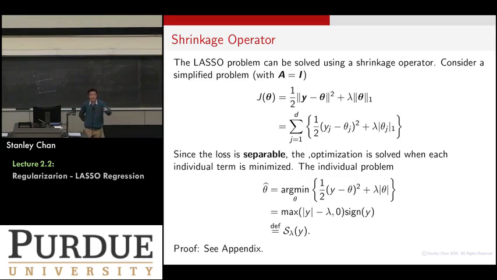Now you can say, can I take the derivative and set it to 0? Sort of. So what we can do is kind of take the derivative, set it to 0, and then you will get a solution. Let me quickly show you how you can do that, because you may see this shrinkage operator very, very often in the literature. I promise.